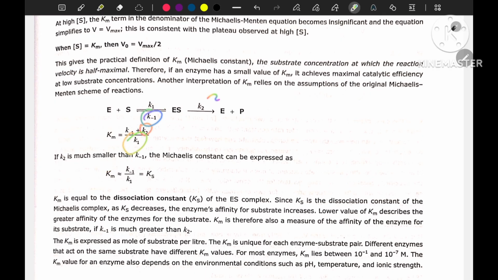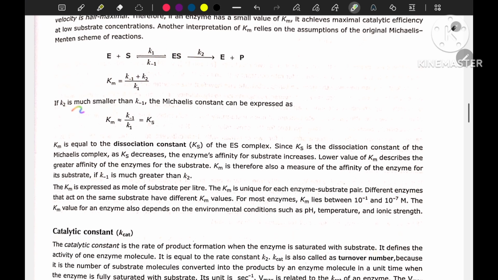K minus 1 plus K2, the dissociation of ES, upon K1, the formation of ES. If K2 is much smaller than K1 and K minus 1, the Michaelis constant can be expressed as K minus 1 upon K1, which is equal to Ks. Km is equal to the dissociation constant Ks of the ES complex.